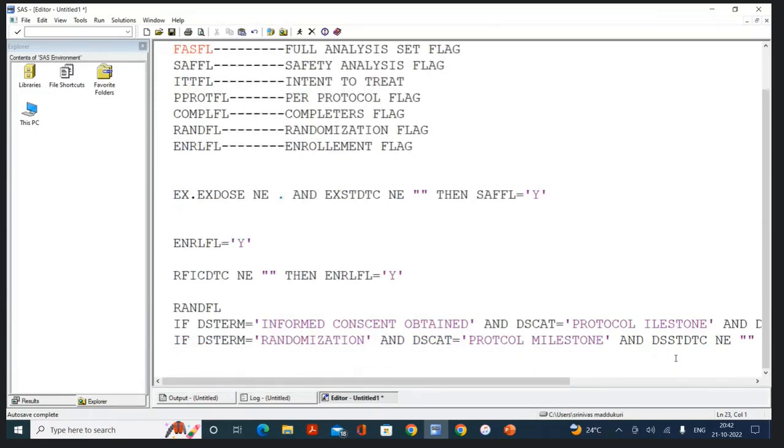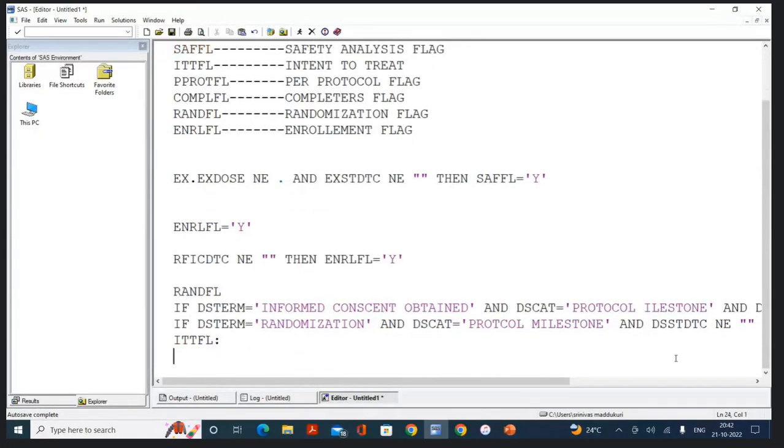Then we are going to have a variable called ITTFL. What is ITTFL? ITTFL is nothing but intent to treat. Will every treatment be done? Whoever has been successfully randomized, for everybody, I want to give the treatment.